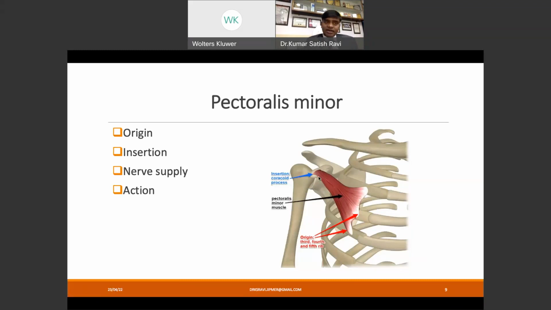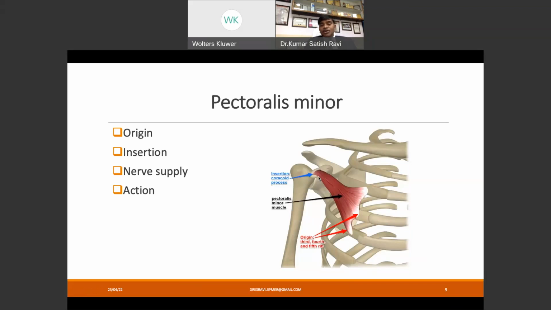Now, when we talk about the innervation or nerve supply of the pectoralis minor muscle, as we have seen, the pectoralis major muscle gets innervation from the lateral pectoral nerve and the medial pectoral nerve. Similarly, the pectoralis minor muscle also gets its innervation from the medial and lateral pectoral nerves.